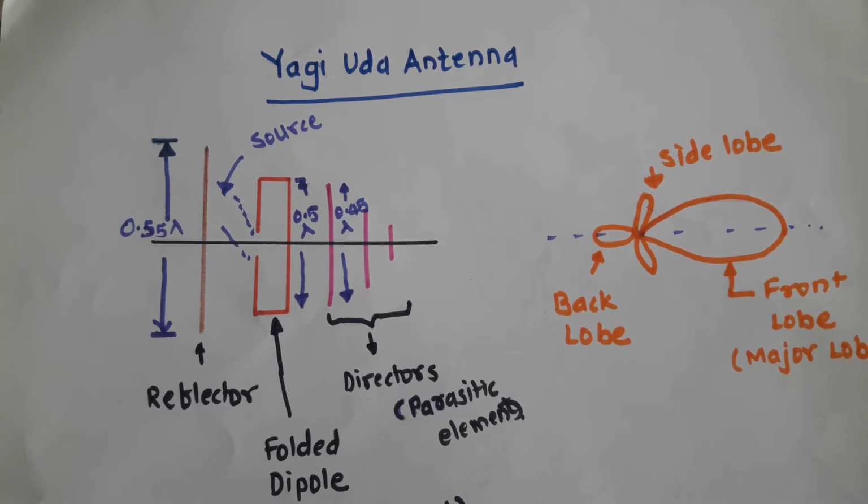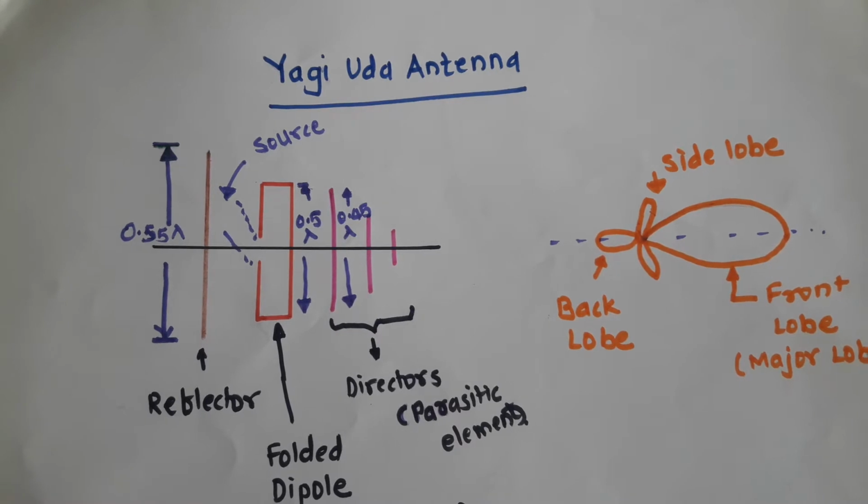There is one interesting story regarding the Yagi Uda antenna. Yagi and Uda are both from Japan. Mr. Yagi is a professor at a reputed university in Japan, and Uda is a student of Mr. Yagi.